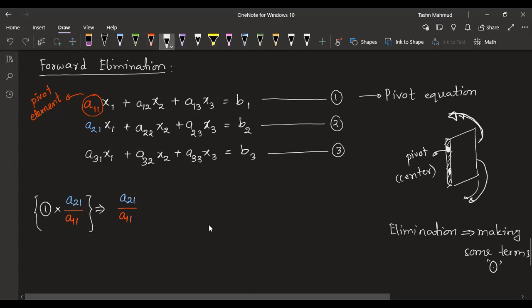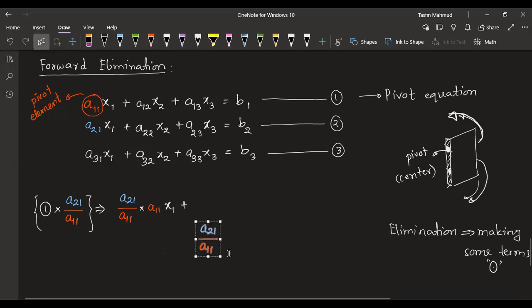So let's assume we're multiplying each of the terms with this. We have a11 x1, then the second term would be a12 x2, multiplied with this.